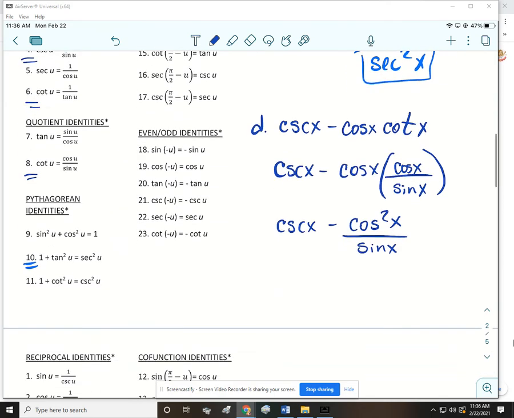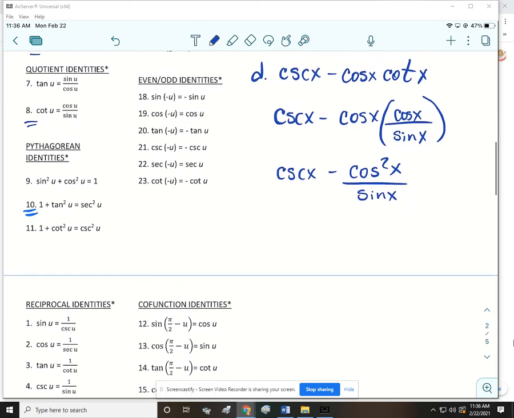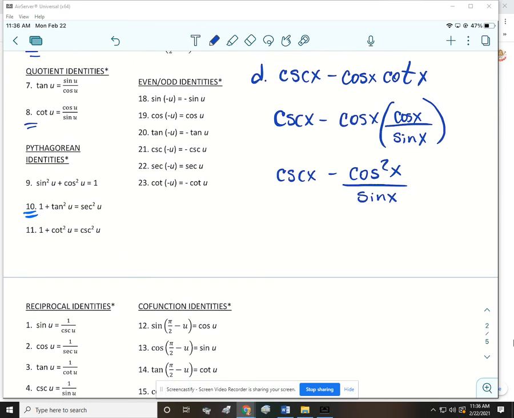That would actually be really helpful because I'm going to have to subtract these fractions, and this one already has a denominator of sine. So if I change cosecant to 1 over sine of x, I have a common denominator, which is awesome. It's one less thing I have to worry about.